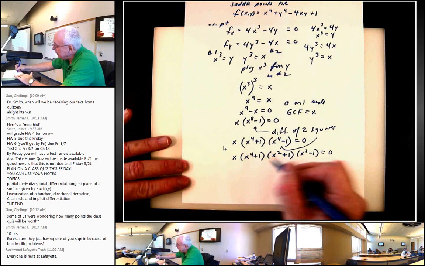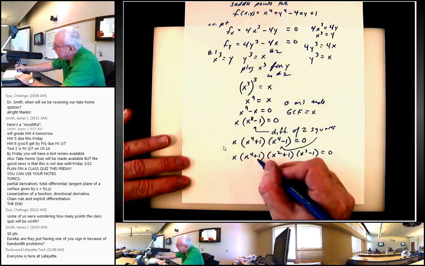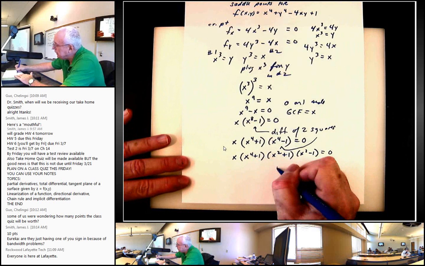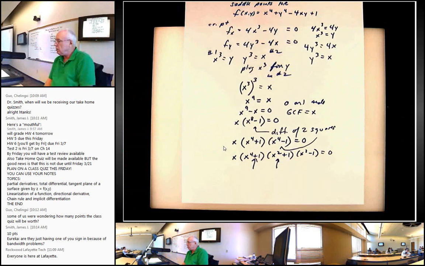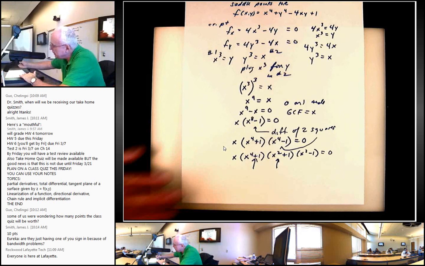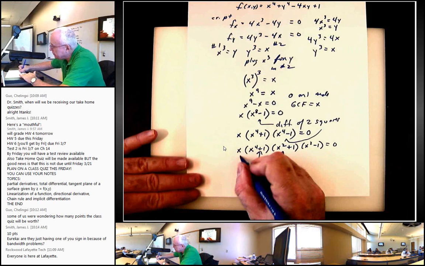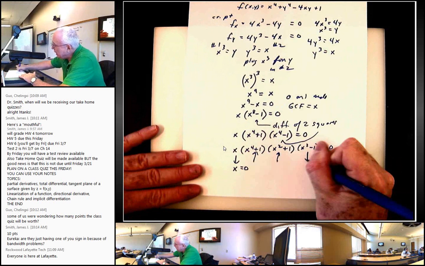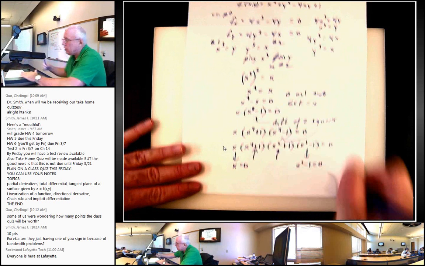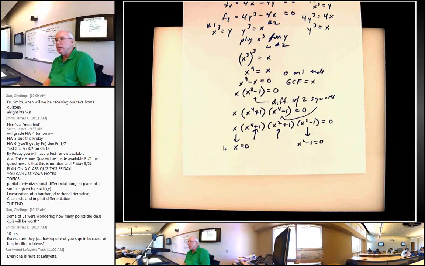There are not going to be any real solutions for the factors x to the 4th plus 1 equals 0, nor for x squared plus 1. But we can set the first factor x equal to 0, and the other factor, x squared minus 1, equal to 0. And that's going to give us 3 values. Are you clear on why I can't do anything with the 2 middle factors?